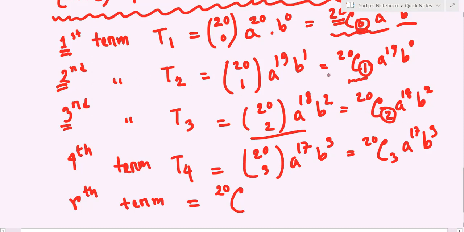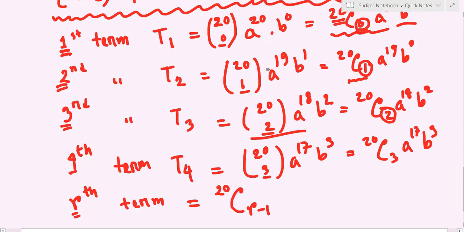For 4 we choose 3. So for r we choose r minus 1. For 1 we choose 0, for 2 we choose 1, 3 then 2, and 4 then 3. So for r, we choose r minus 1.